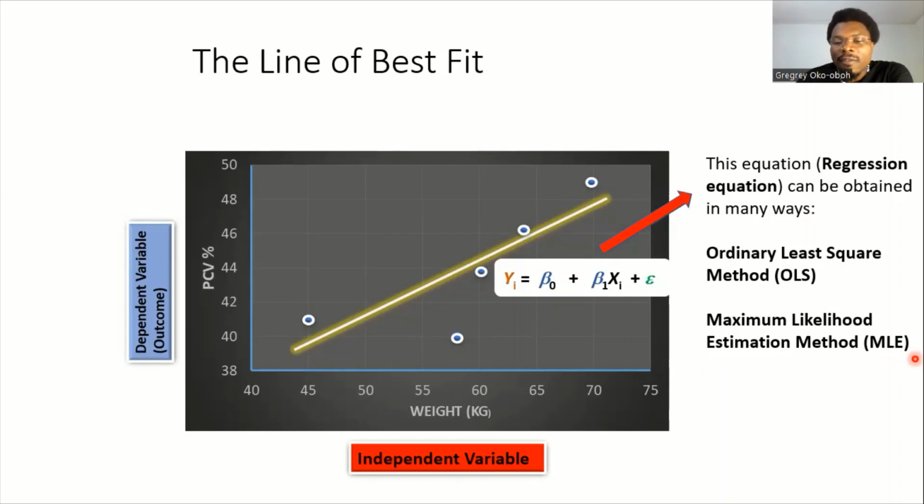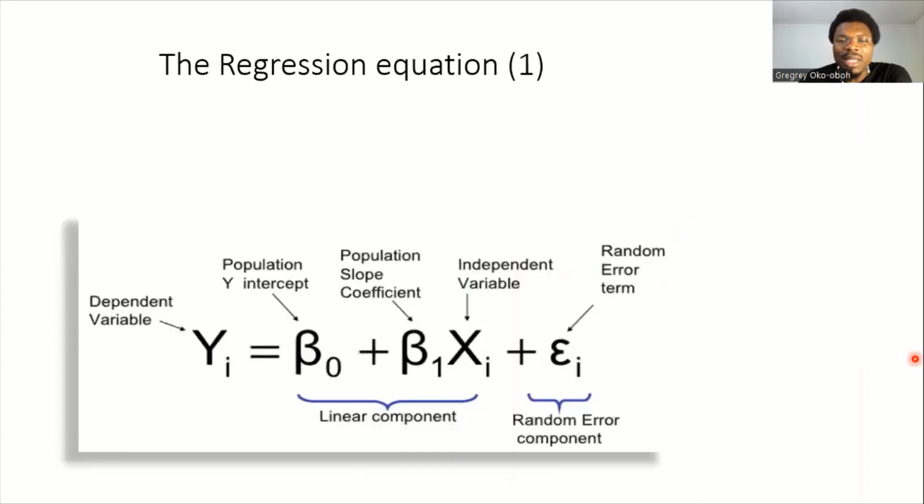So either of these methods will help us to describe the line of best fit, or rather fit a line to this data in such a way that this line will represent the best approximation of all the data points. So this equation we have here simply describes this line. Let's look at this equation closely to understand what every aspect of it means.